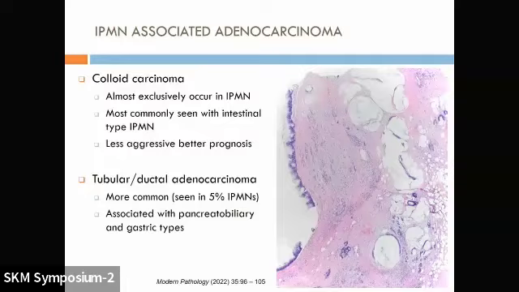They found that about 5% of ductal adenocarcinomas had IPMNs associated with them. And if you include mucinous cystic neoplasms or MCNs, the number increases to 6.2%. Most of their IPMNs had this pancreatobiliary type of epithelium.